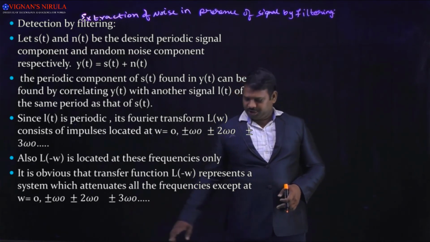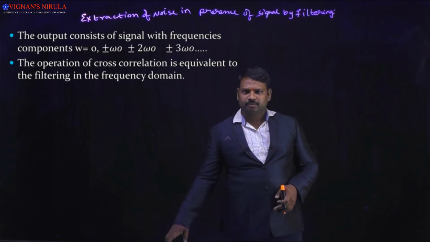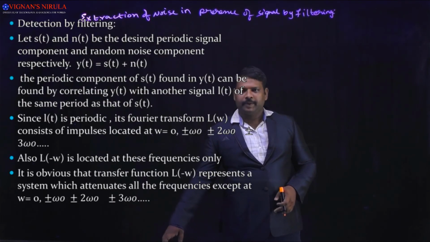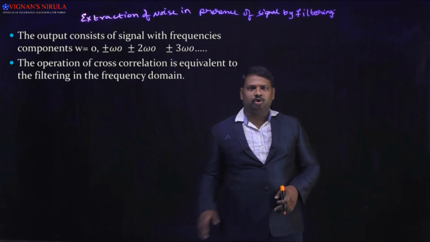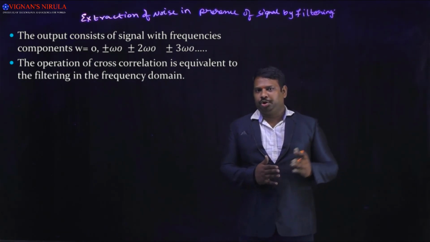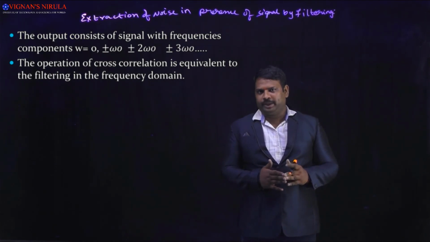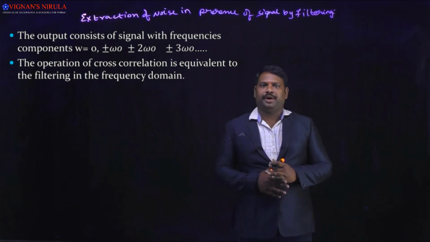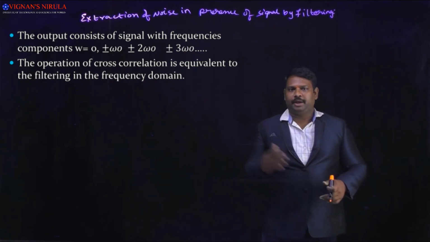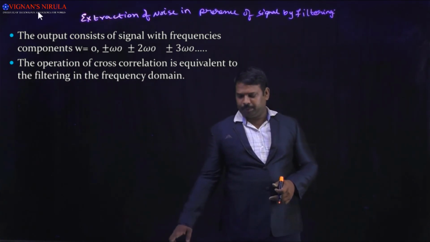Therefore, this indicates that the output consists of the frequency components at omega is equal to 0, plus or minus omega naught, plus or minus 2 omega naught, 3 omega naught. At these frequencies, all the frequencies will be passed, and the remaining frequencies will be attenuated.